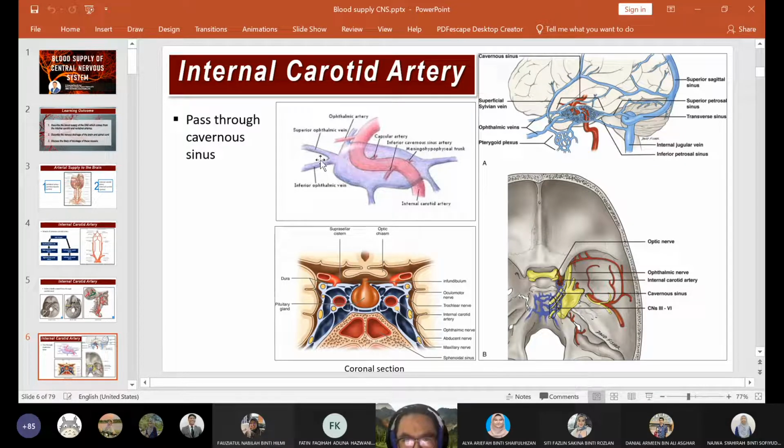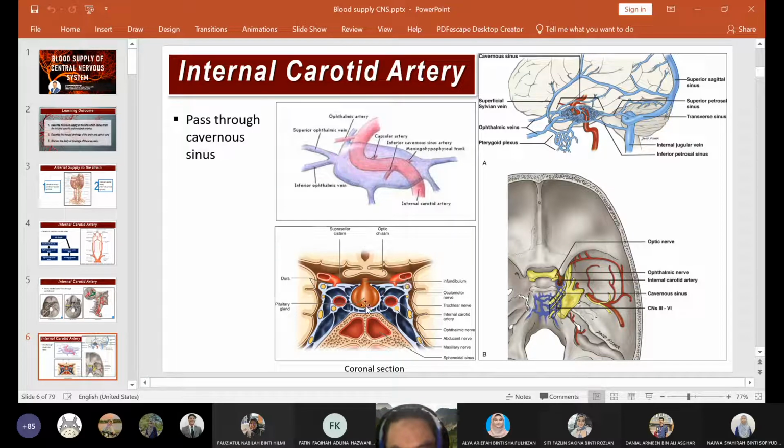So this is the cavernous sinus. You can see the vein and it is connected, and then this is the artery inside. The internal carotid artery passes through the cavernous sinus. This is a coronal section. This is a very important section, which you will learn in your cranial nerve lecture as well.